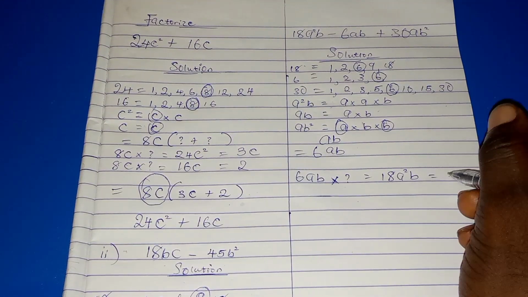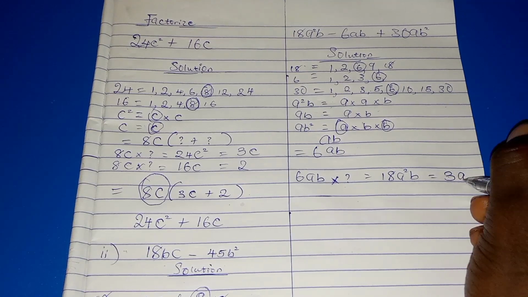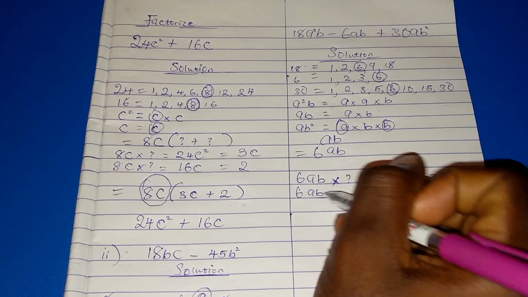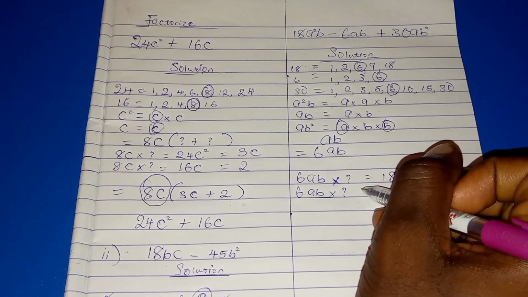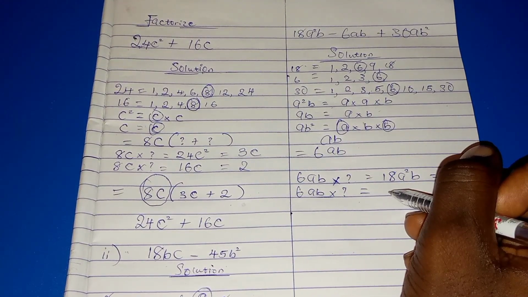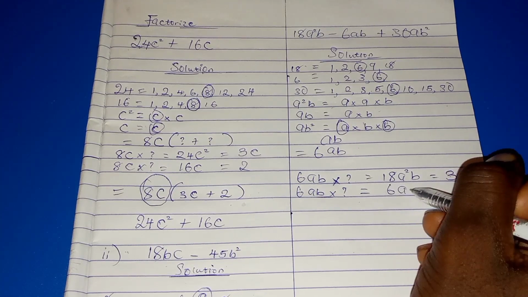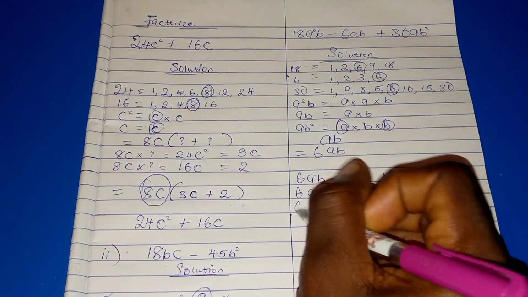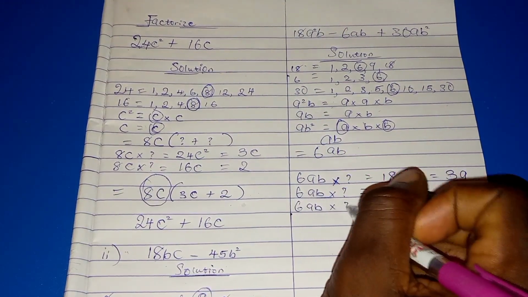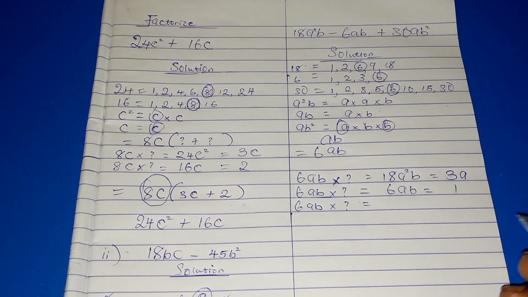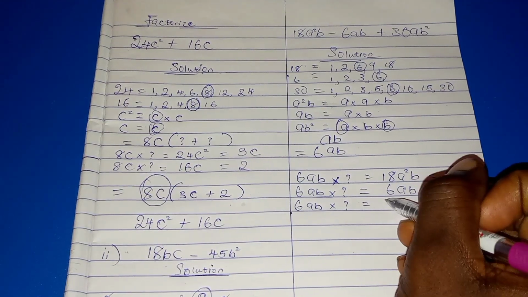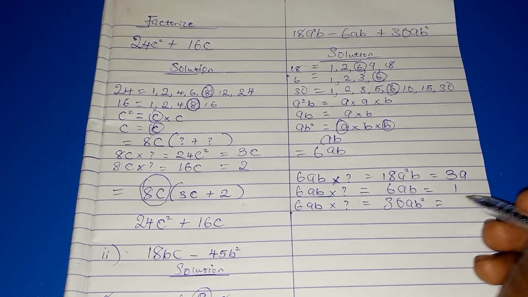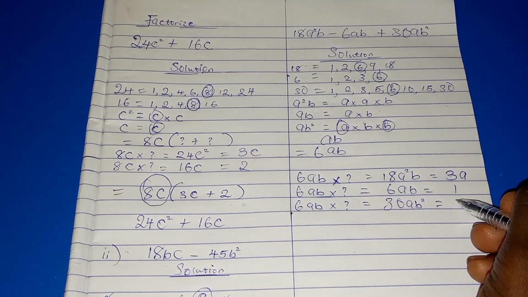That would be 3a. Now 6ab multiplies what number to give us 6ab? That would be 1. And 6ab multiplied by what gives us 30ab squared? That would be 5b, since 5 times 6 is 30.